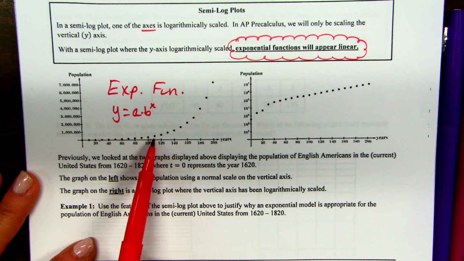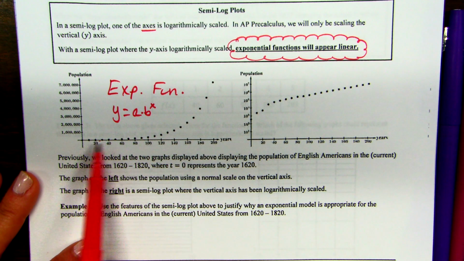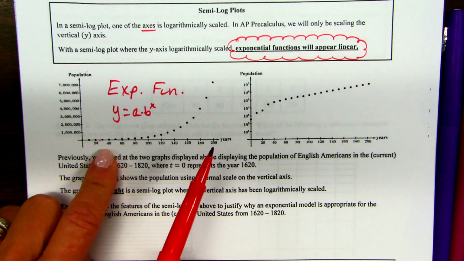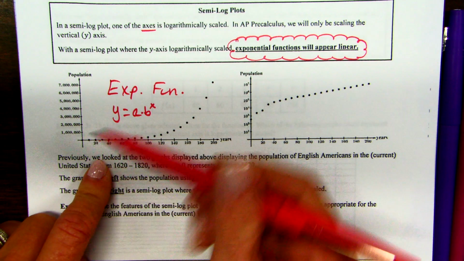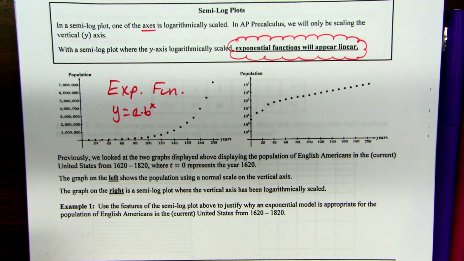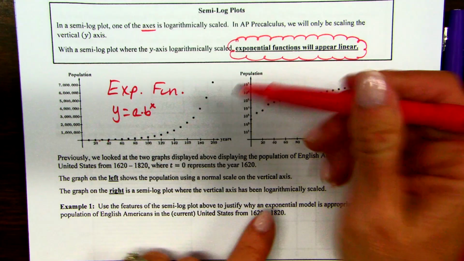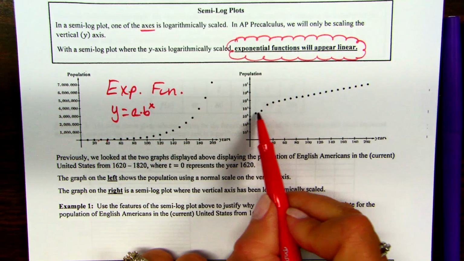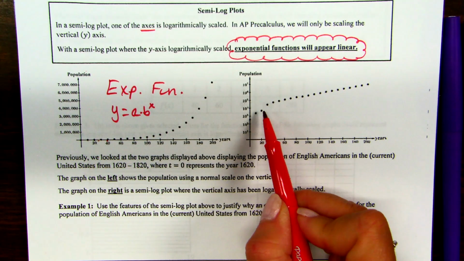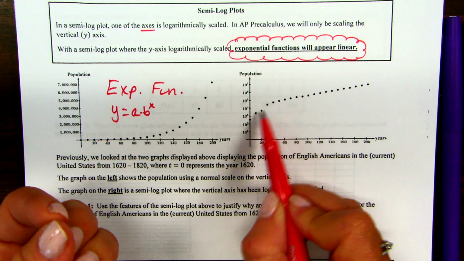You could make an argument that even more, they're all really close together. Like, how do you even tell the difference between this point and this point on this graph? They're so close together. But when we change the y-axis and replot the points, they all have their own space, and you can tell the difference in these smaller numbers.